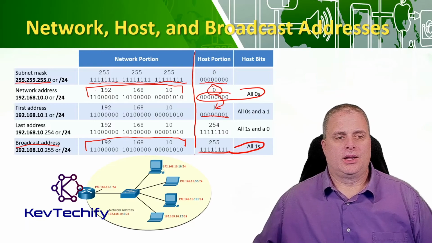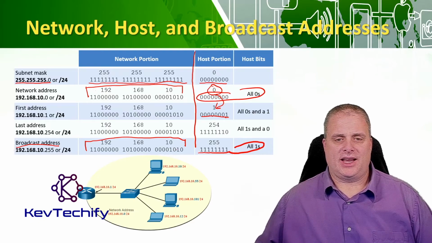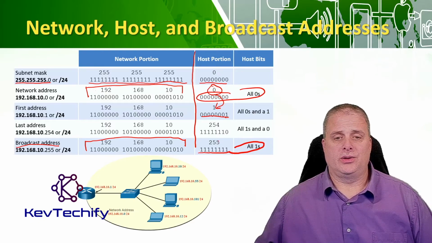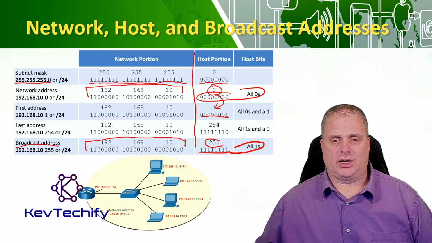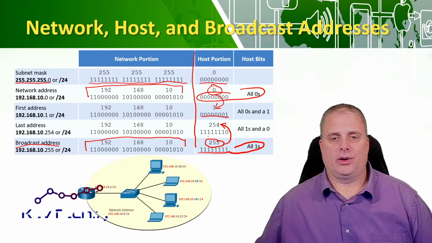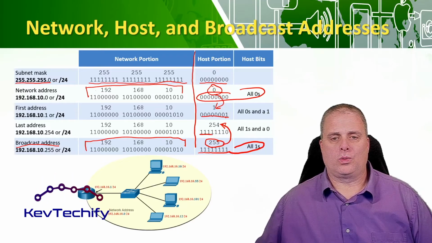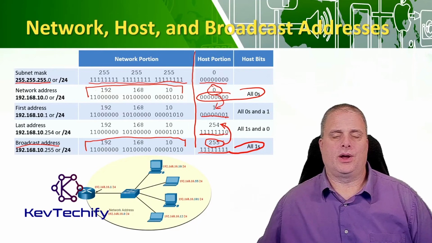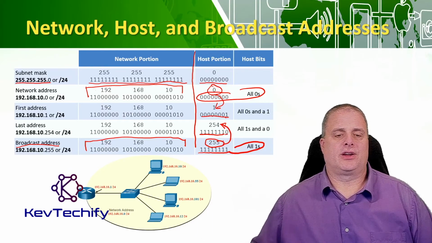Then to find the last address, what I like to do is I take the broadcast address and I subtract 1 from it. Doing it the binary way, that would be all ones with a 0 at the end. And that gives us our addresses.